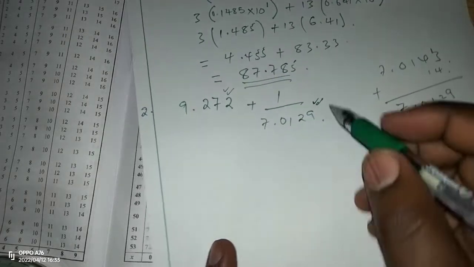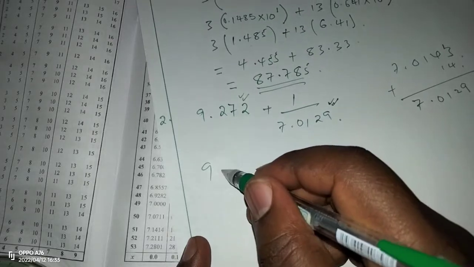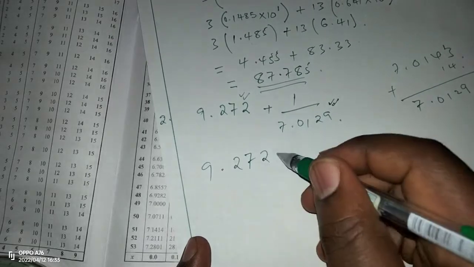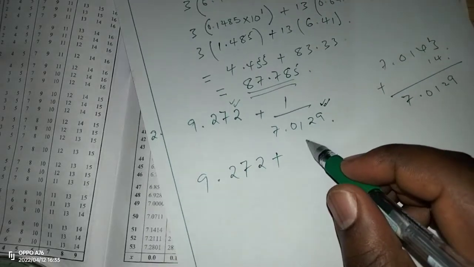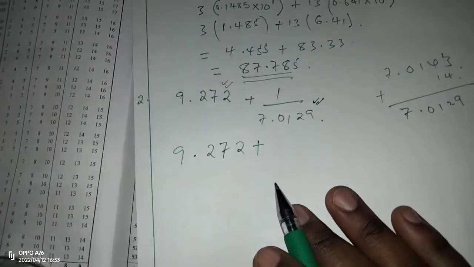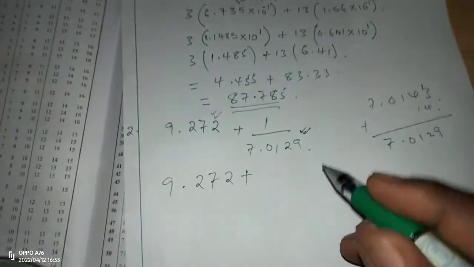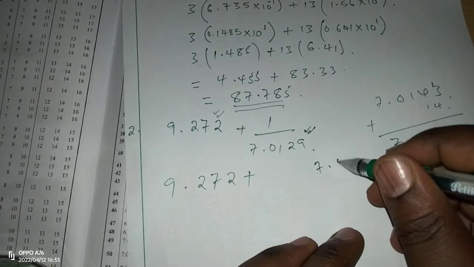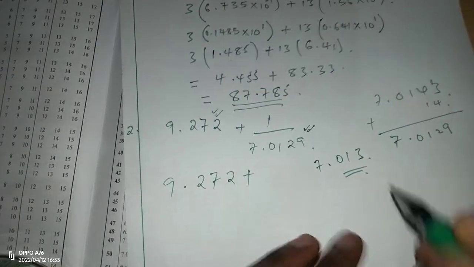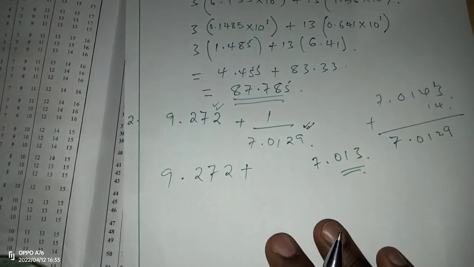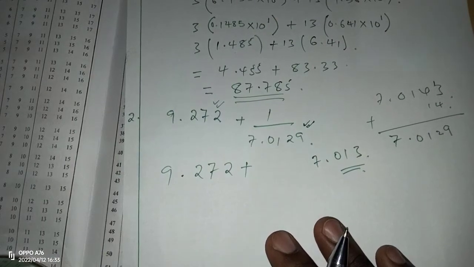Therefore, now we have used squares tables, and on this end we have used square root tables. Therefore, now we can use the reciprocals table to solve this side. 9.272 plus the reciprocal of 7.01. Then we use 7.013 because we cannot find the reciprocal of more than 4 significant numbers.